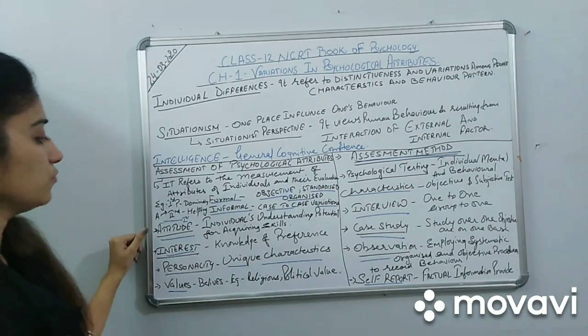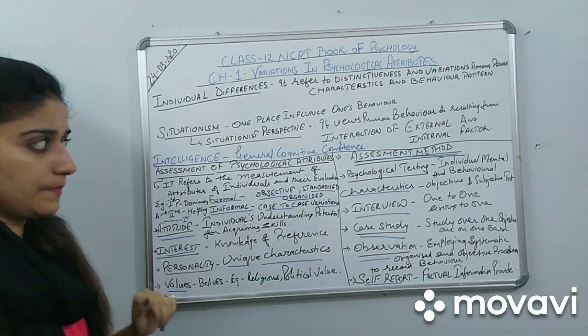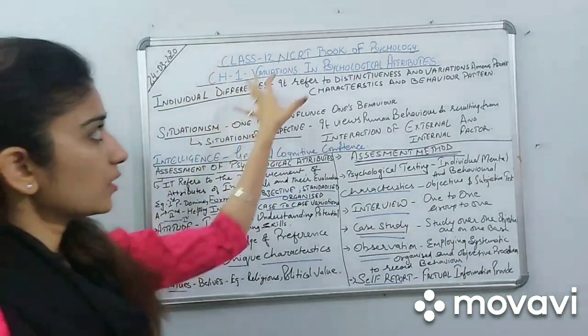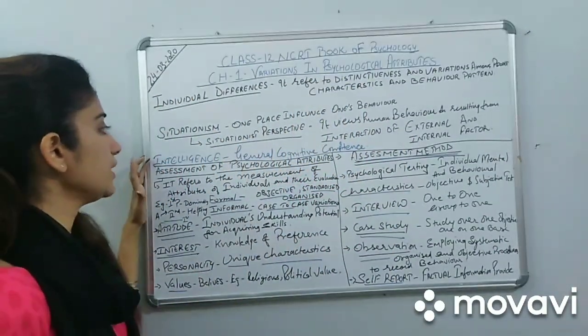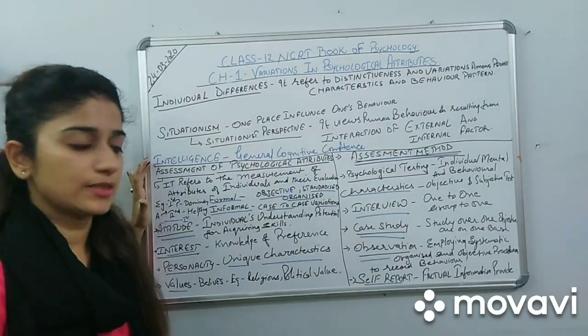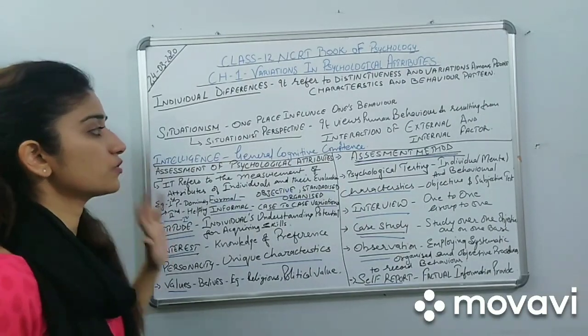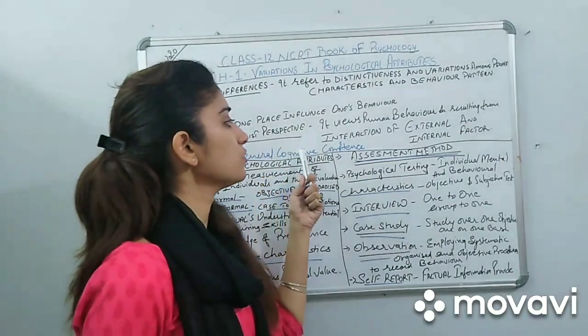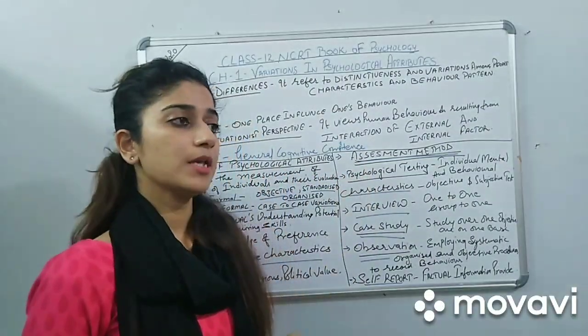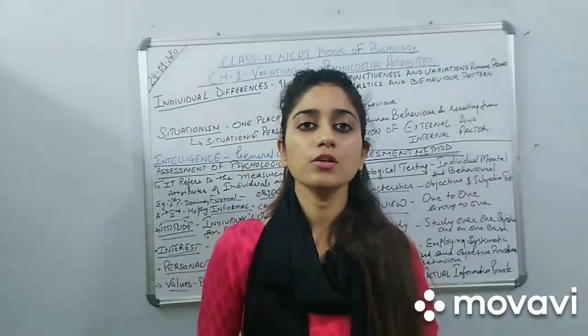Now moving further, we move to some aspects in this chapter of variation and psychological attributes. The main thing is all about intelligence. So the first assessment is through intelligence. What is intelligence? It is general cognitive competence. It means what is your general knowledge.